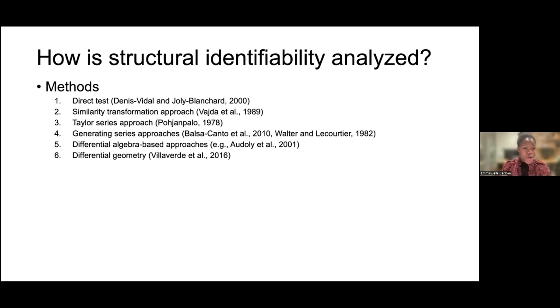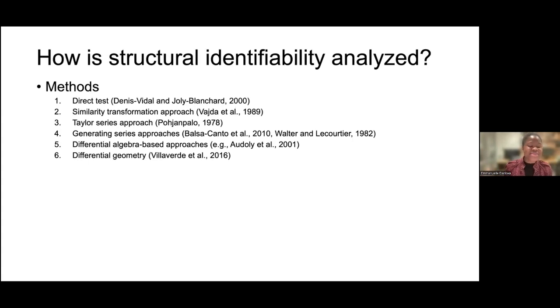So it takes two outputs and seeks to determine whether with the same output we have the same parameter value producing that. You can test for that using algebraic methods, but there are more complex methods like differential geometry and differential algebra based approaches.